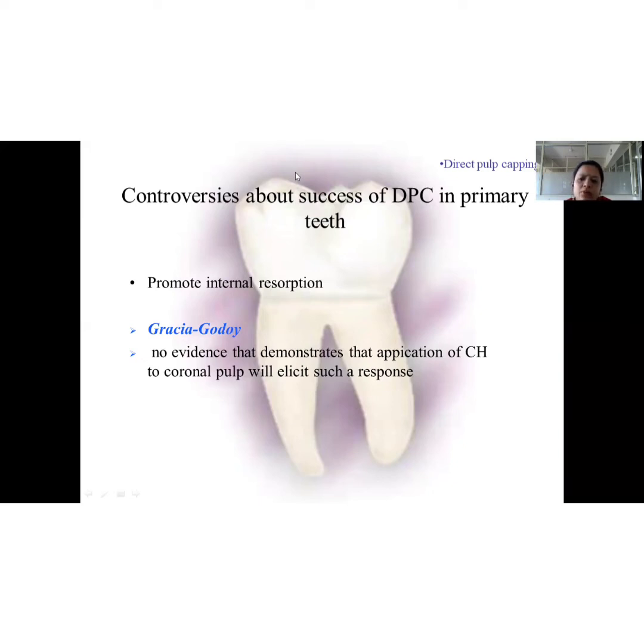So in primary teeth, direct pulp capping or pulpotomy basically is a very controversial procedure. According to Gracie and Border, there is no evidence demonstrating that application of calcium hydroxide to a coronal pulp will elicit such a response. According to him, there is no internal resorption.